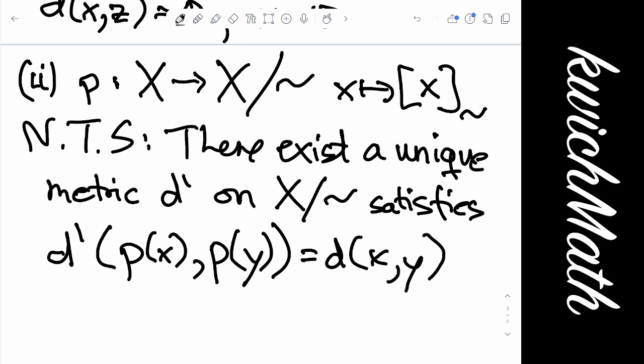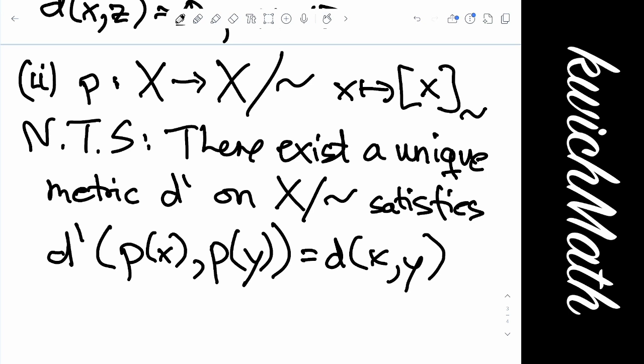Right. So the D without the prime is a pseudometric, and the D with the prime should be an actual metric. Okay, so first of all, we can see here it looks like this equation will uniquely define this metric, if it is indeed a metric, but it seems to at least uniquely identify the mapping. But the thing is, we do not know if this is well defined, right?